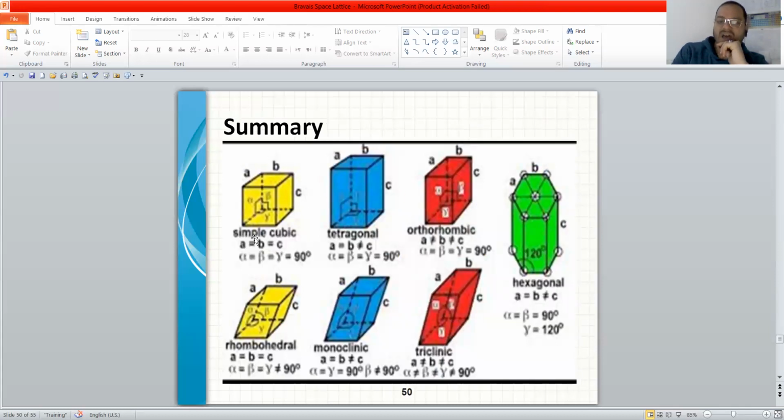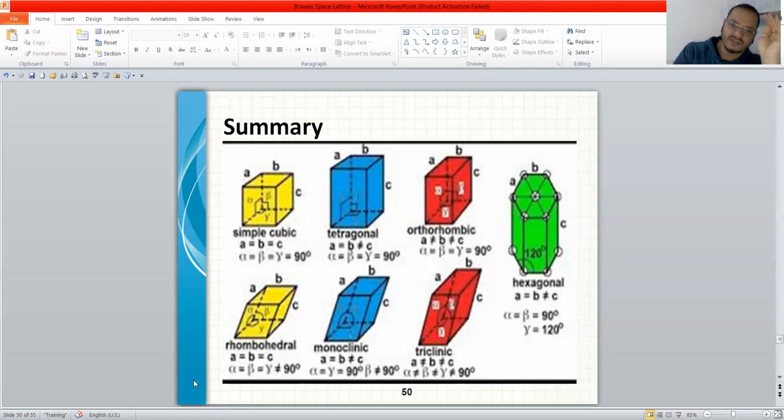To summarize, we have simple cubic, three kinds of tetragonal: the base, body, and face; and we have some kinds of orthorhombic, rhomboidal, monoclinic, triclinic, and hexagonal. We have different vectors or equal vectors with equal angles until these first three kinds: simple cubic, tetragonal, orthorhombic. All three angles are equal at cubic, tetragonal, orthorhombic.